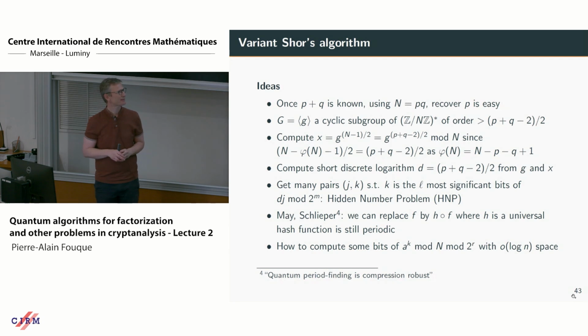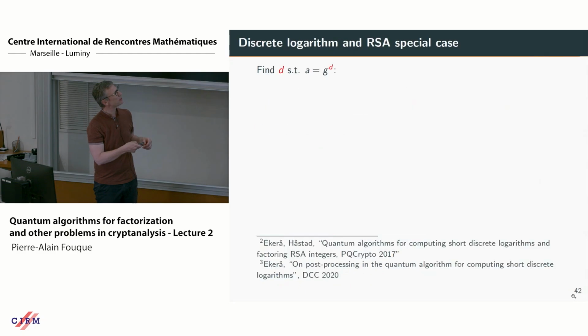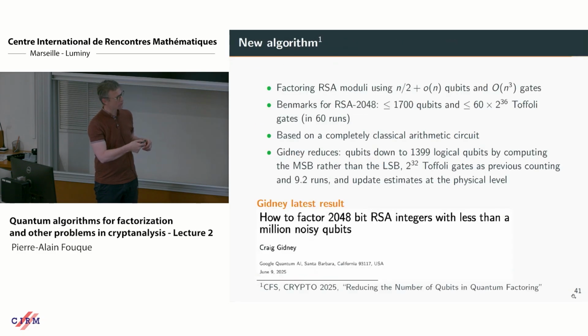So it's the numbers that Gidney evaluated. Gidney shows in his paper here that with less than 1 million noisy qubits, you need in fact 1,400 logical qubits. Okay, so you see that it's more than 10,000. No, it's less.